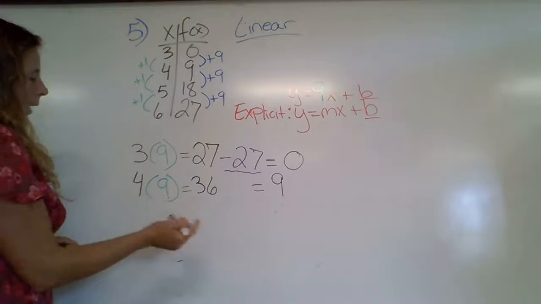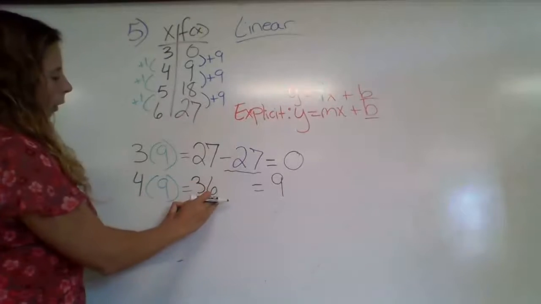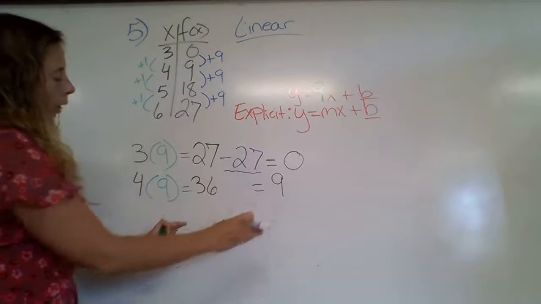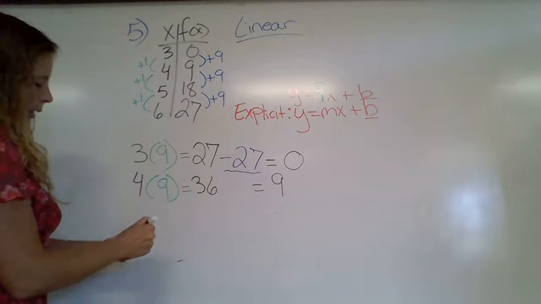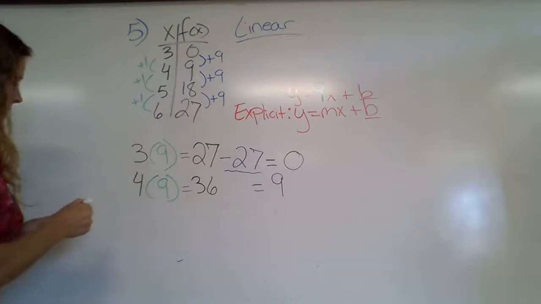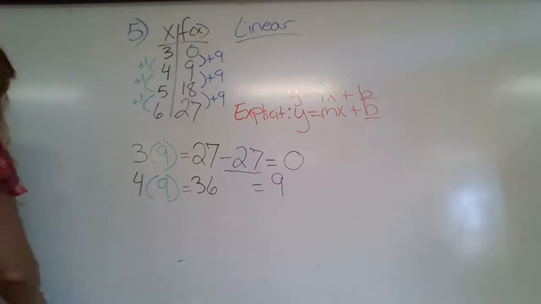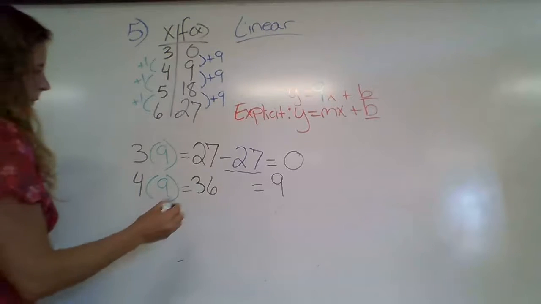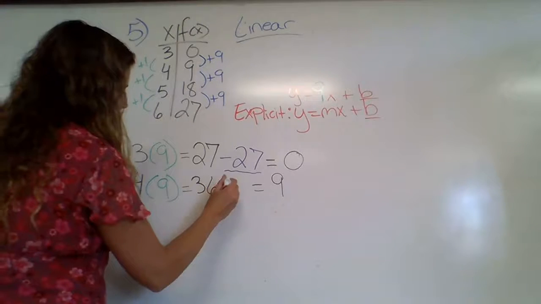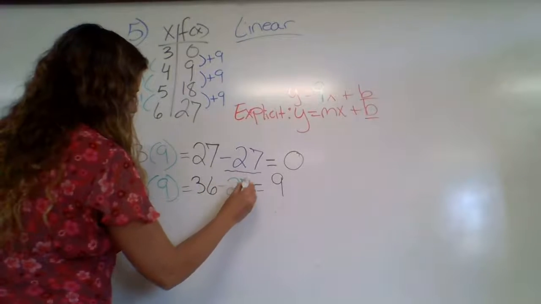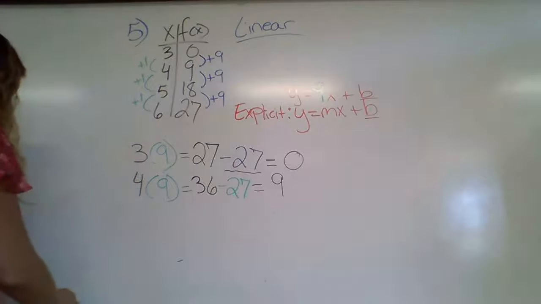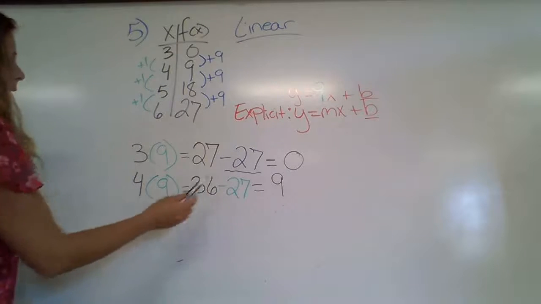So what do I have to add or subtract? I mean, we're going from a larger number to a smaller number, so we're going to subtract. 36 minus some number equals 9. 27. Okay, so it's looking like this is our magic number.